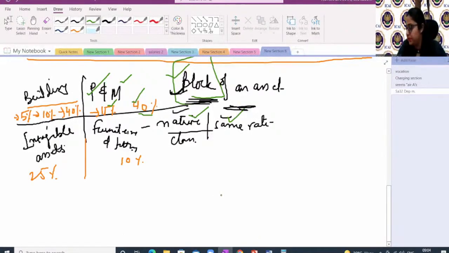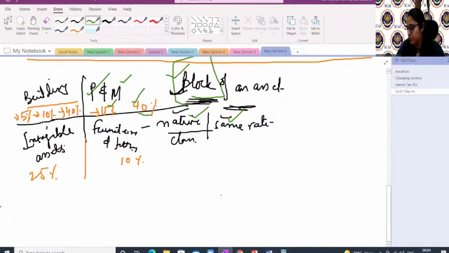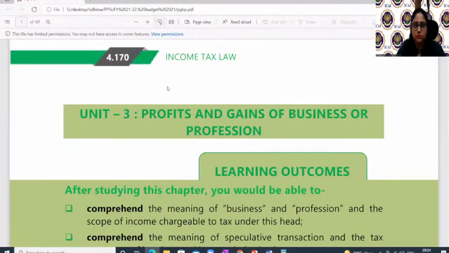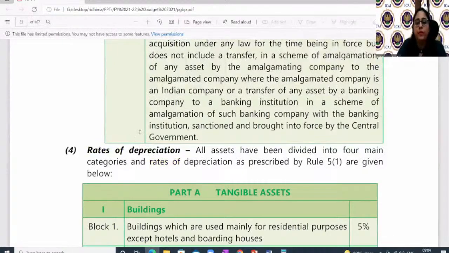Let me come to the rates of depreciation. Okay, so now the rates.